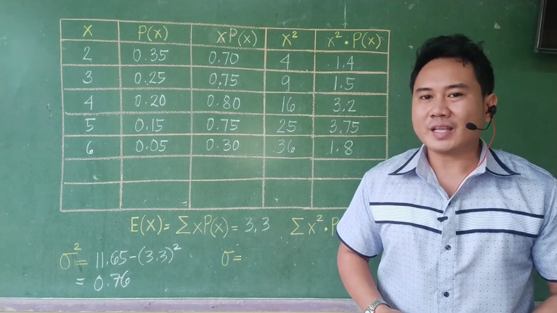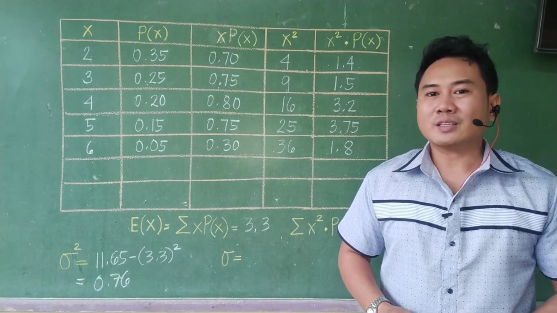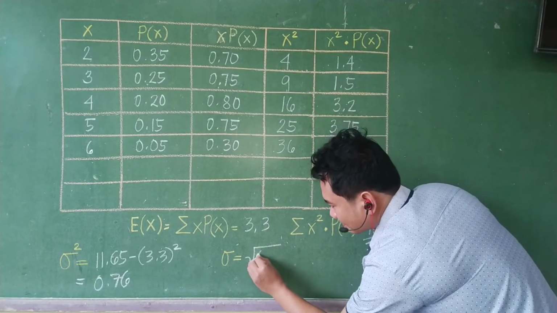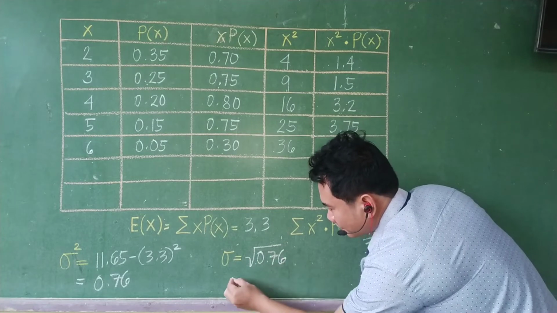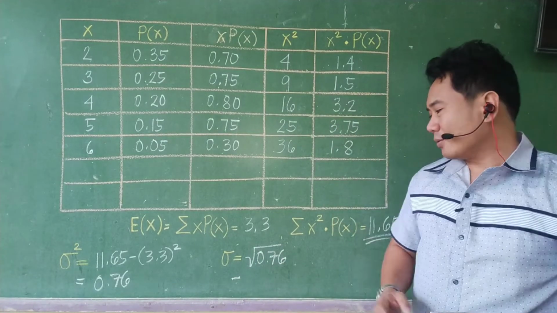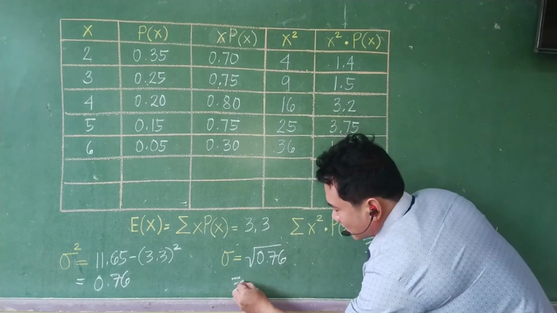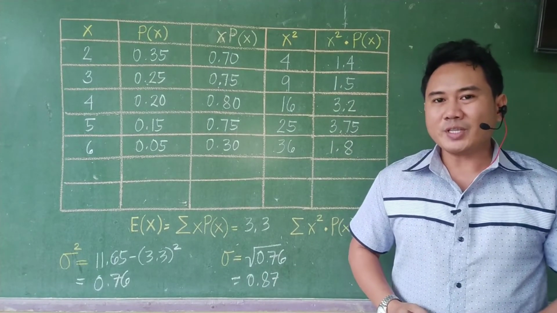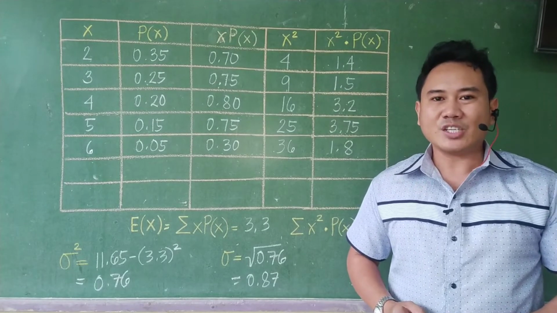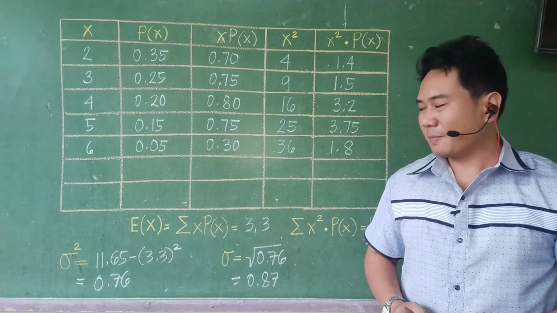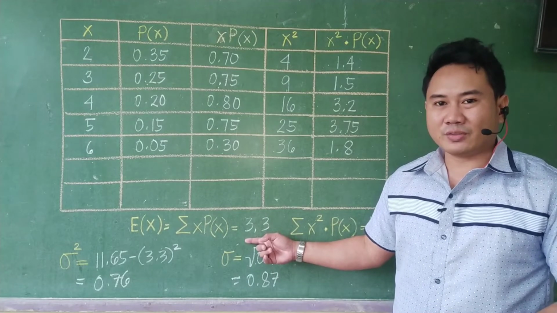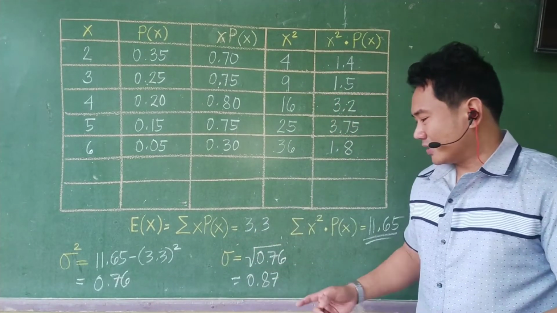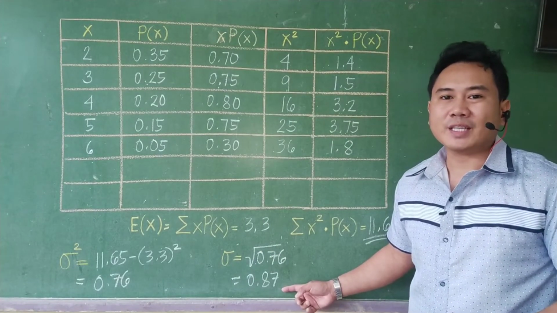And to solve for our standard deviation, we are going to take the square root of our variance. The square root of 0.76 is 0.87. 0.87 is our standard deviation. Again, our mean is 3.3, the variance is 0.76, and the standard deviation is 0.87.